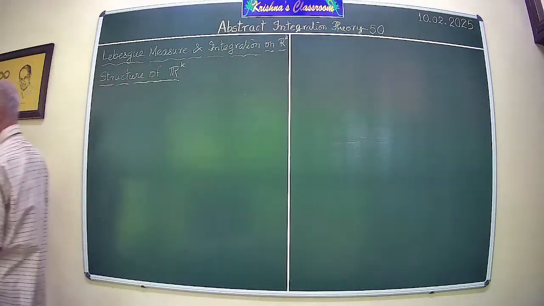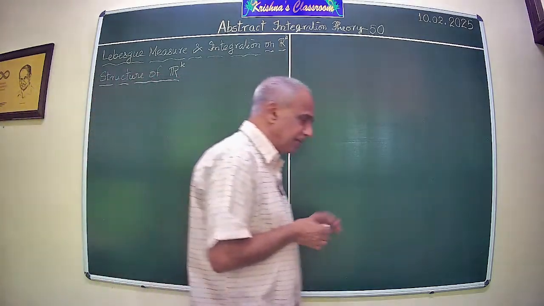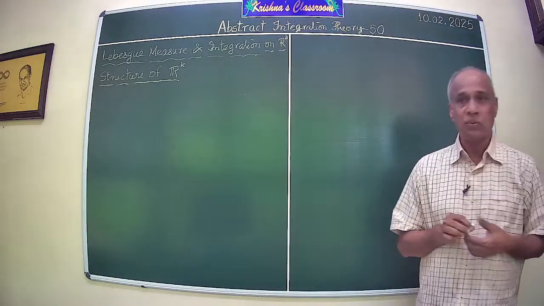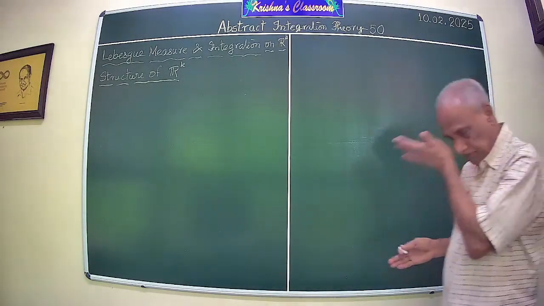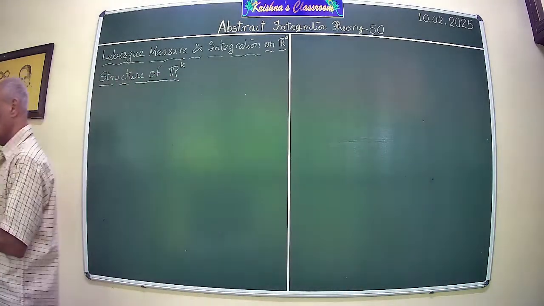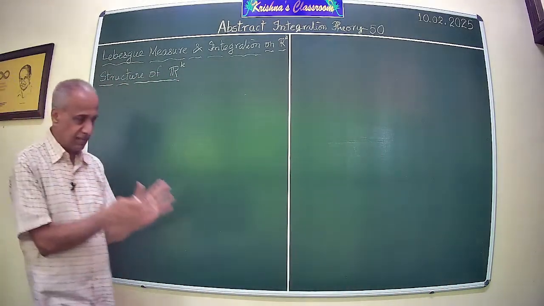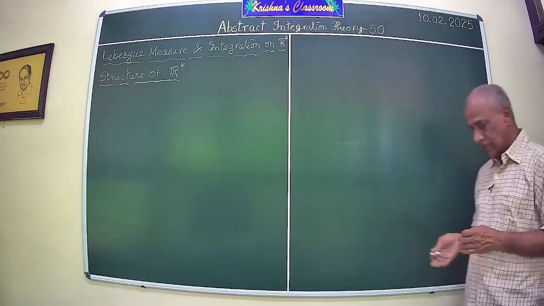Now recall, we did it for R^1. In the case of R^1, we started off with the Riemann integral. Then we found that there are some inadequacies for that. And then we wanted to rectify that. This is how we arrive at the Lebesgue integration theory.